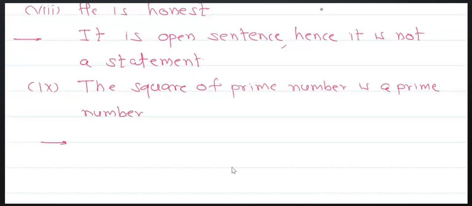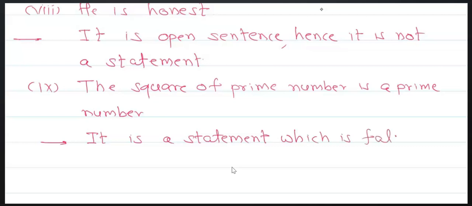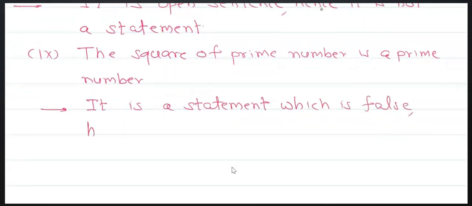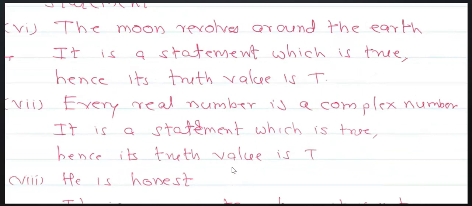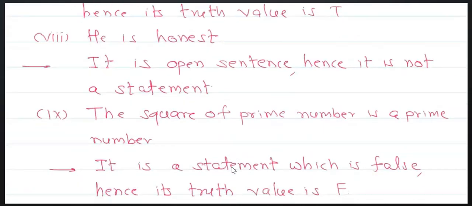The square of a prime number is a prime number. It is a statement which is false. If you take the prime number 5 and square it, then it is 25, and 25 is not a prime number.